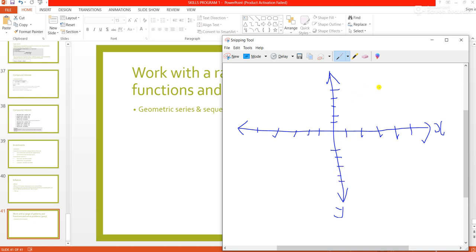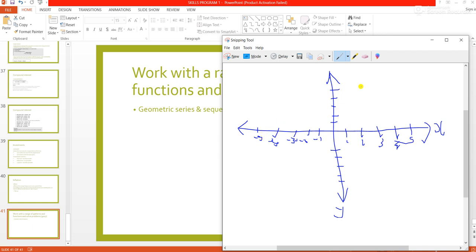On the right hand side it's your positive 1 2 3 4 5, and on your left hand side it's your negative: -1, -2, -3, -4, and -5.